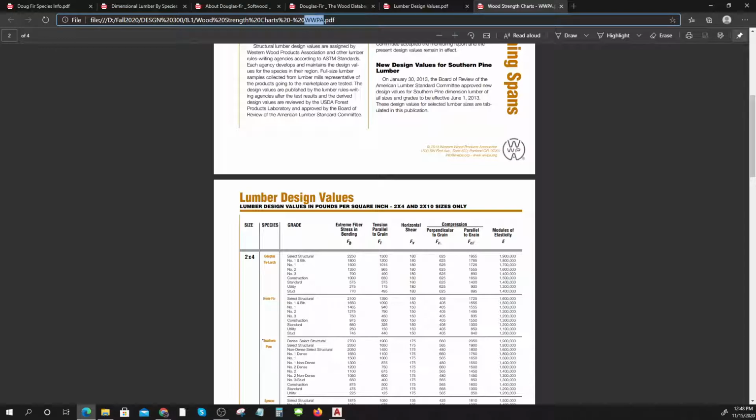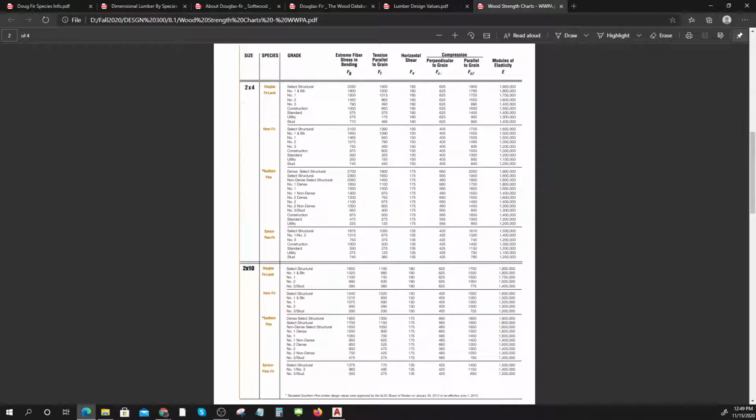And here those are. There was that FB, that E, that FV, horizontal shear. Now, I wish they didn't use the term F, because for a mechanical engineer, F is force, and there's a symbol for stress. But that's okay, right? You just got to read it and figure it out. It's jargon. And look, it's different for a 2x4 than a 2x10.